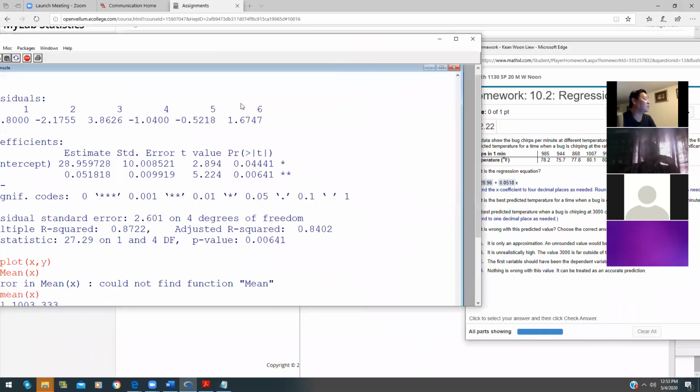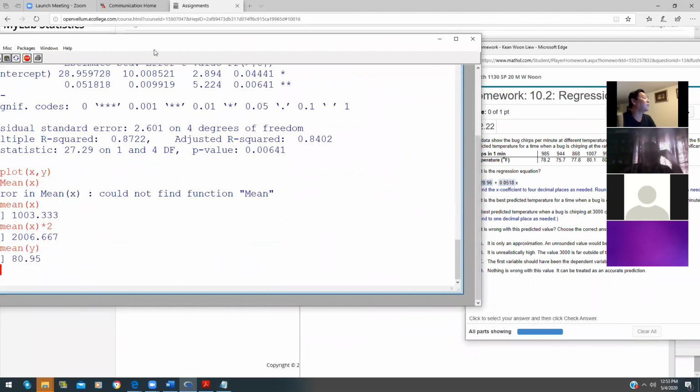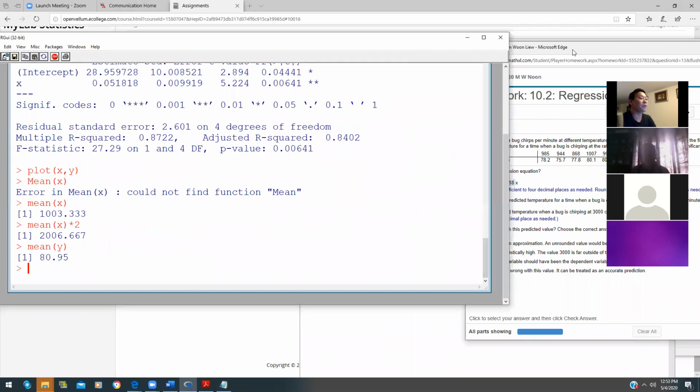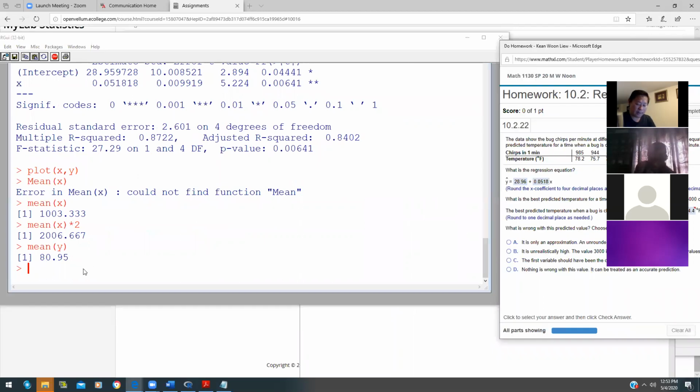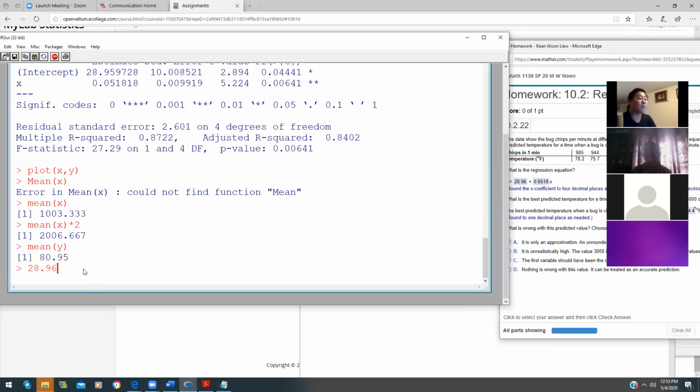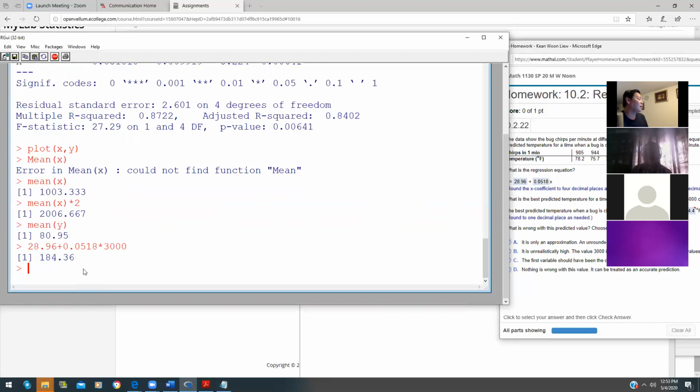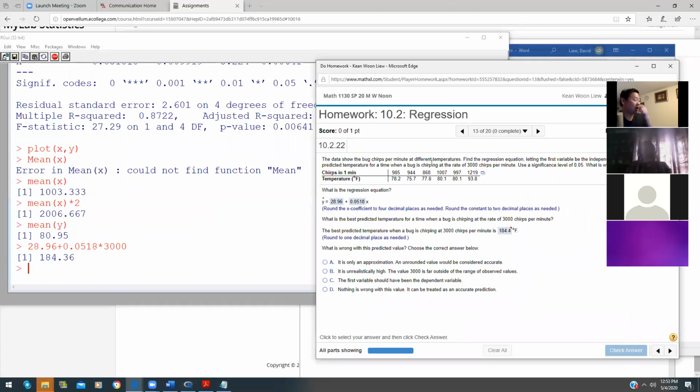Where's my regression equation? 28.96 plus 0.0518 times 3,000. That's where they got 184.4.